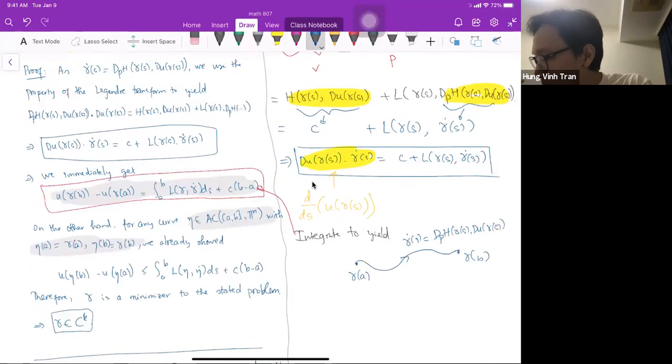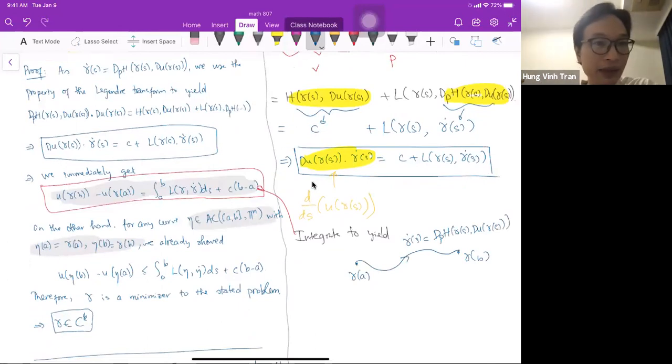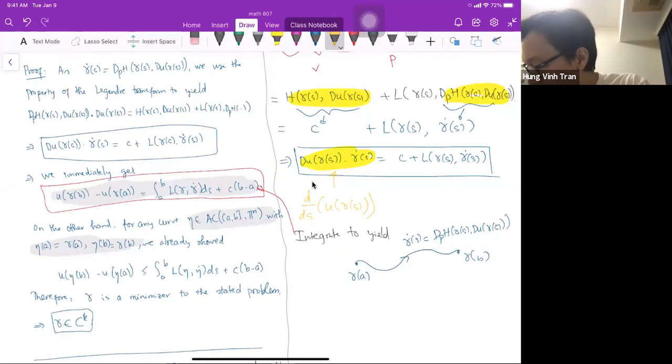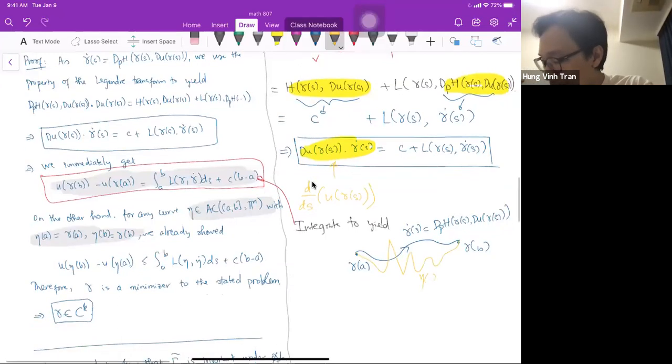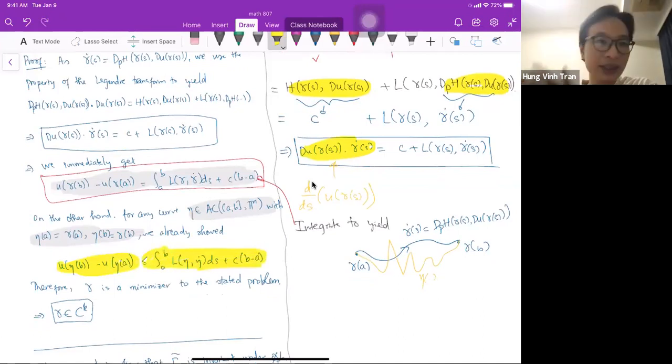So this is by design, gamma having that velocity. And then if you choose eta to be any other curve, piecewise C^1 or something, then we have proved earlier that u of eta b minus u of eta a is always less than or equal to the action functional on eta, again with the normalized c times b minus a.